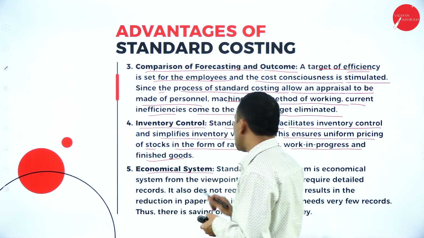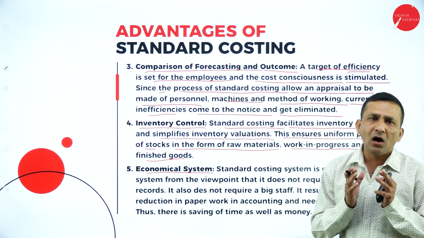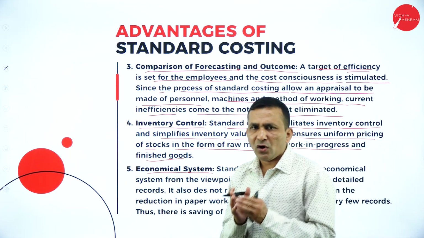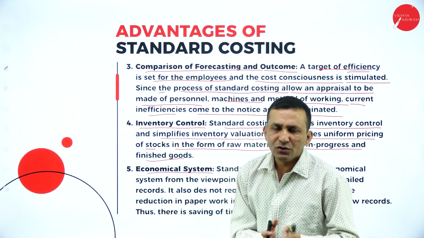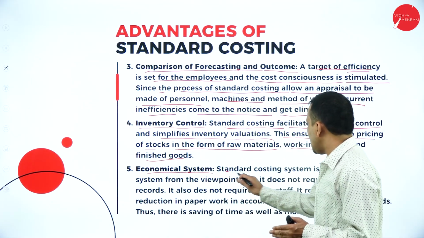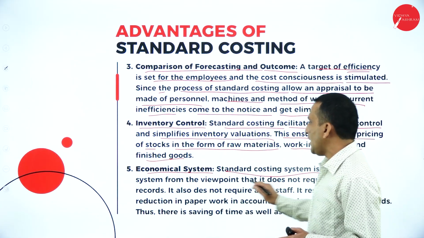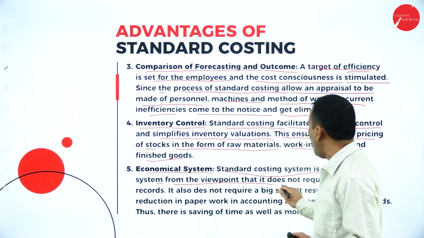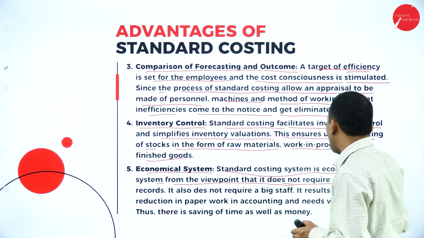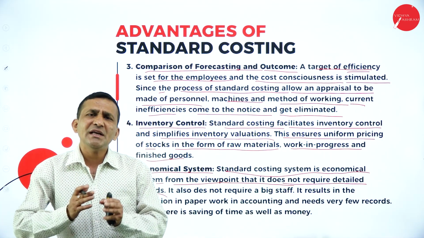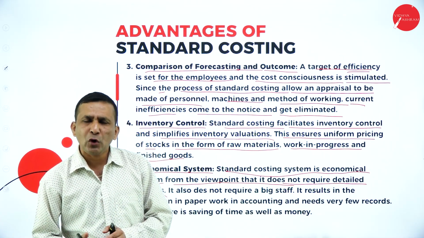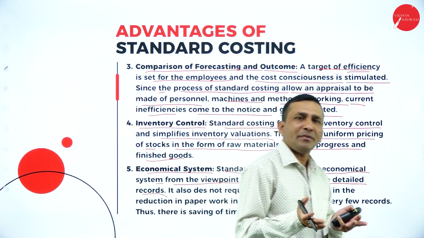Next one, economical system. All company organizations want to set up an economical system; they follow an economic system to run a business. The standard costing system is an economical system from this viewpoint. It does not require detailed records. We are talking about increasing revenue and productivity, which comes under economical systems.